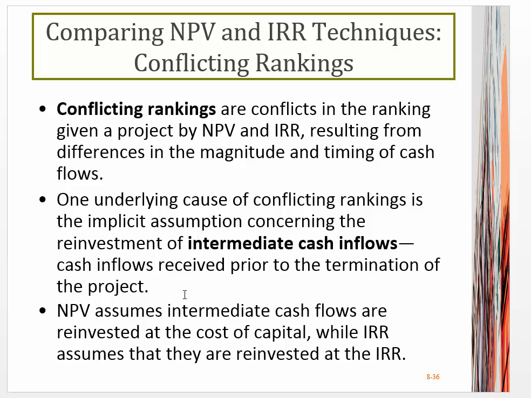Net present value assumes correctly that you always would want to reinvest at least at the company's cost of capital. However, the internal rate of return assumes that things are always going to be reinvested at the internal rate of return. So going back to our projects, 10% is the cost of capital.